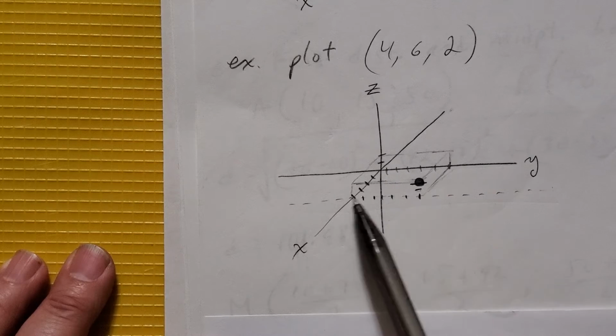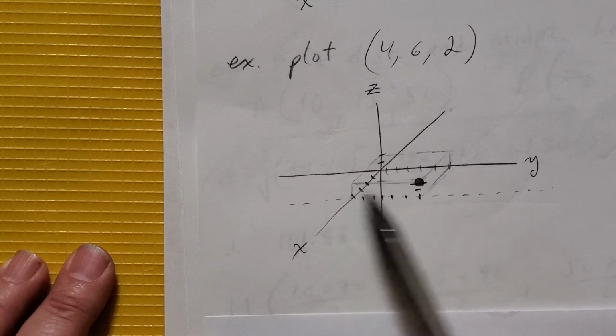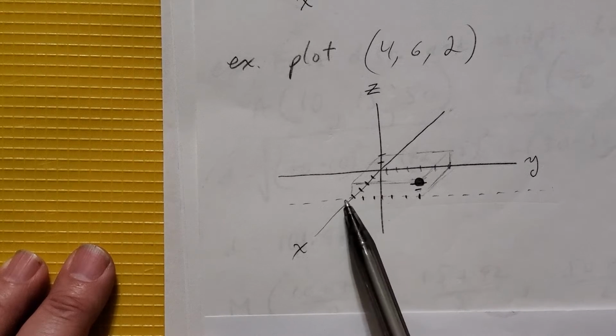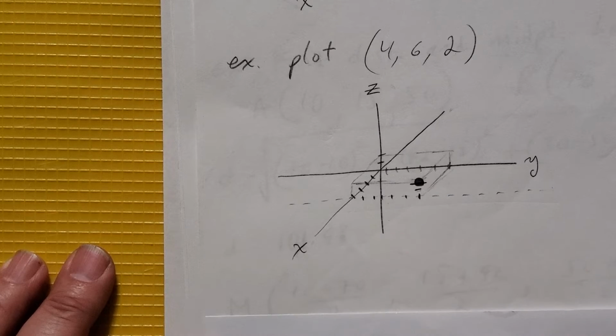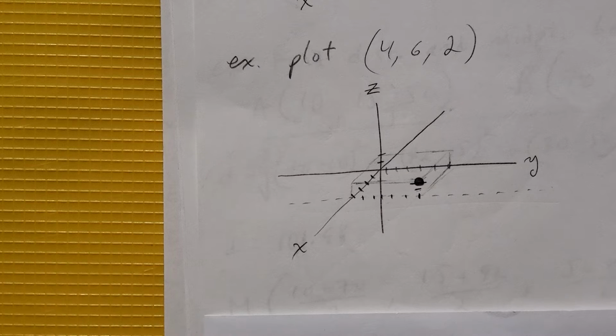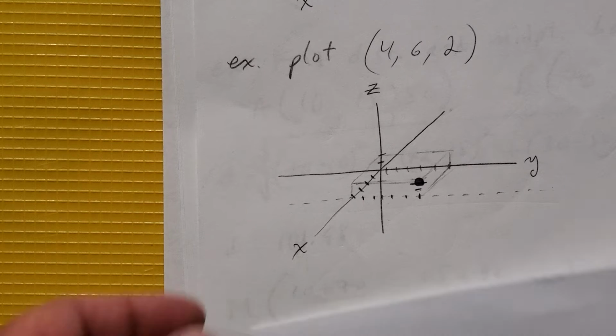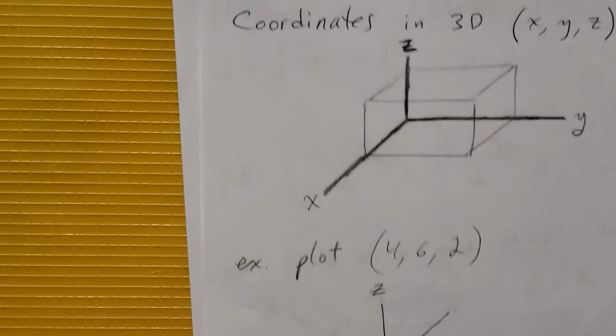And then if you draw, it should be a perfect box where it's 4 by 6, the bottom, and then 2 up, if you wanted to draw a box. I don't know if you've seen this before last year, but this is three-dimensional plotting of points. Let's move on.